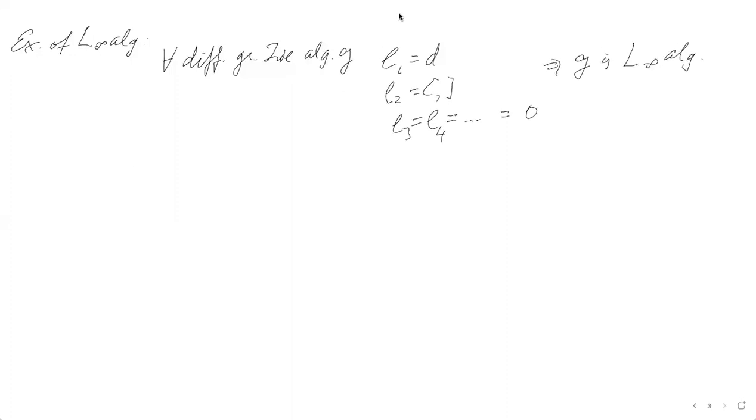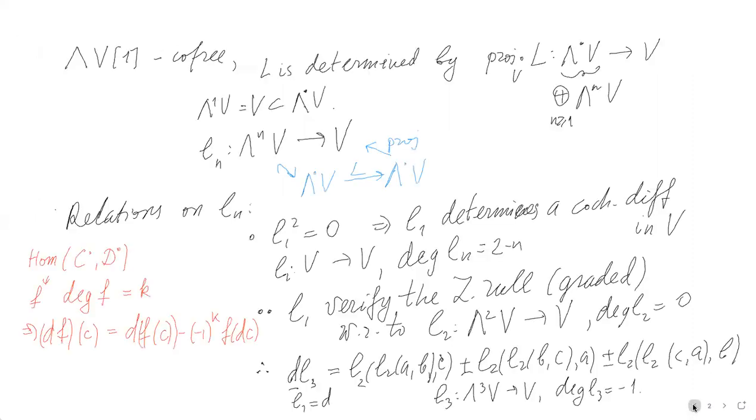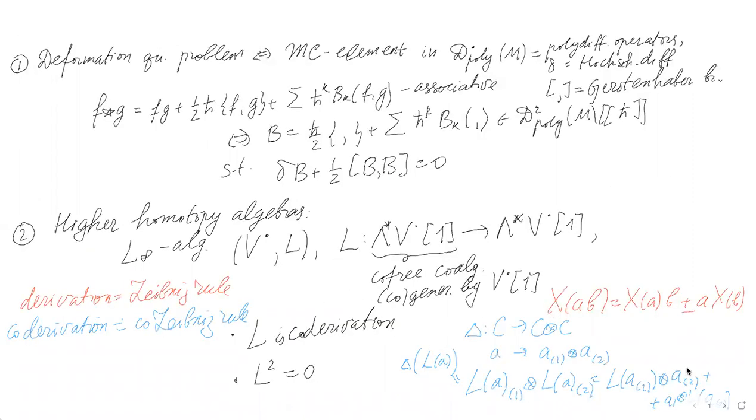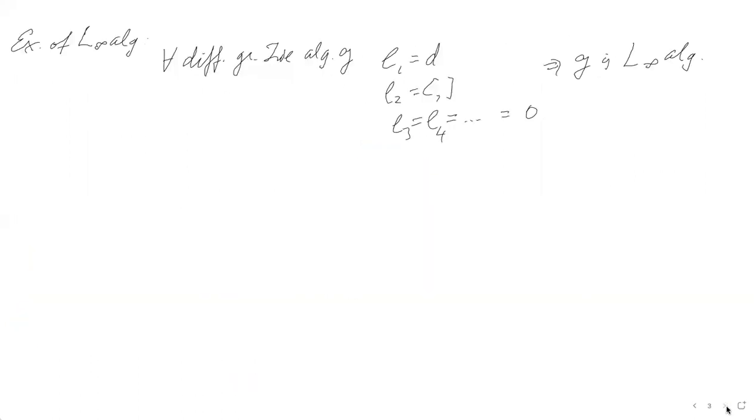Now, the definition of L infinity map comes very naturally in these terms. The terms which I used to define the L infinity algebra work very well to define the L infinity morphisms, or L infinity homomorphisms.